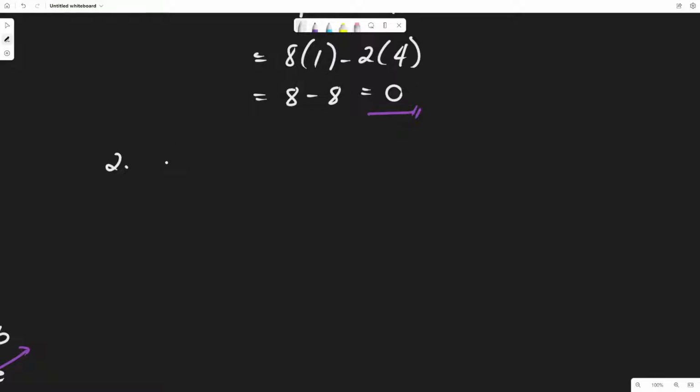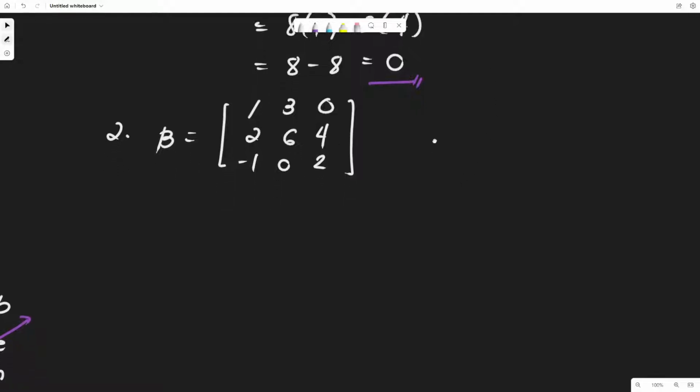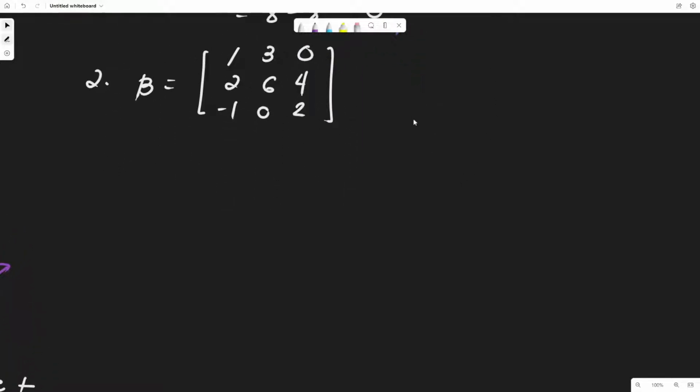I have here, let's say, matrix B: 1, 3, 0, 2, 6, 4, negative 1, 0, 2. Okay? So this is my matrix B. Then it asks for the determinant. Let's do the conventional way first: all the down products minus the up products.